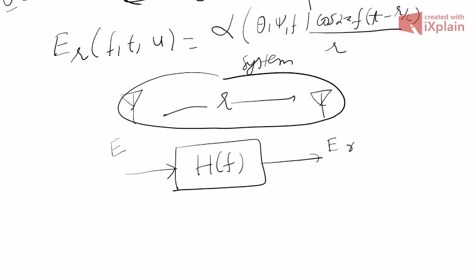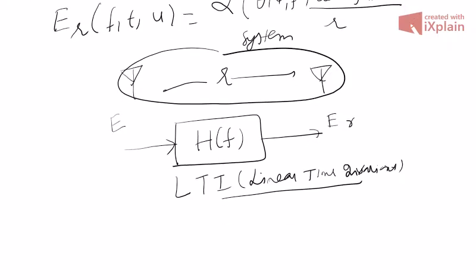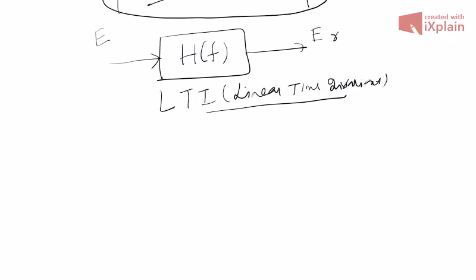So we can represent a wireless system as a linear time invariant system. That is a remarkable thing, because it will really simplify things later on. We'll come back to this again when we try to model the channel.